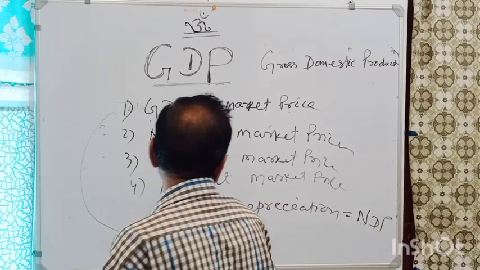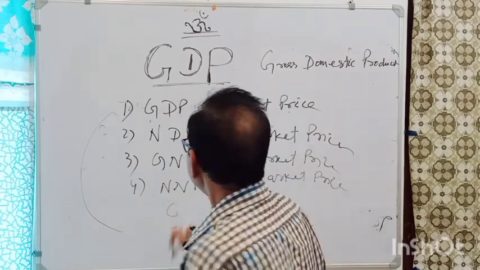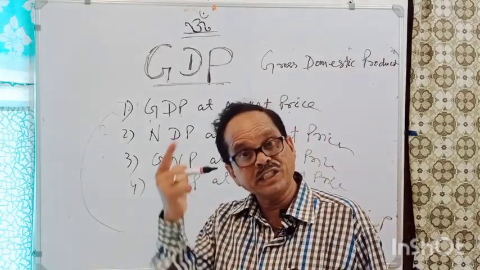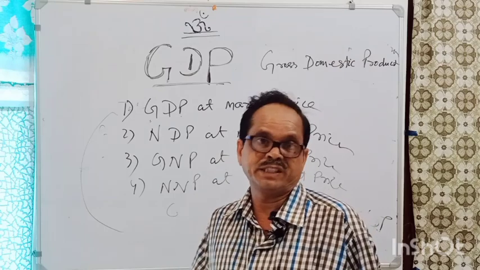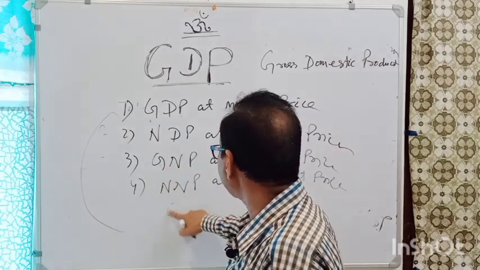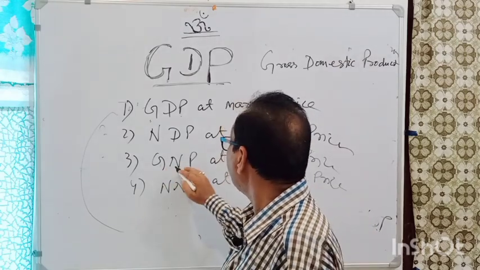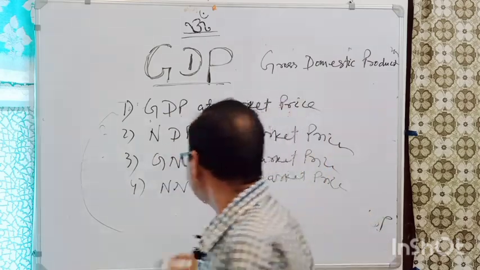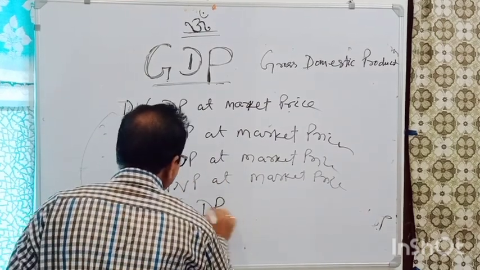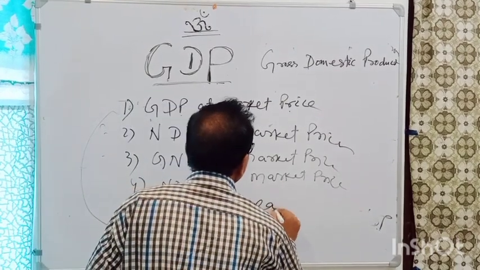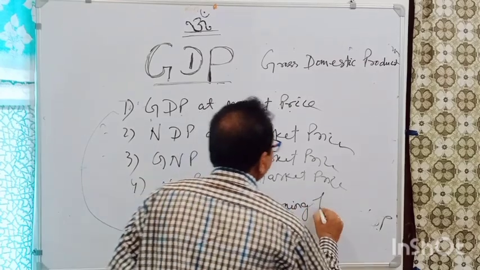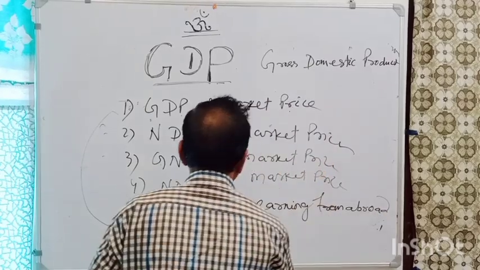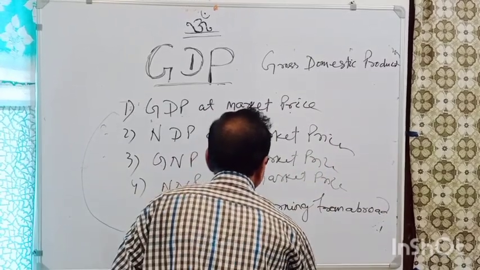Third one is GNP at market price. GNP means gross national product. Here the word national is a very important concept. When we calculate gross national product, we add the earning from abroad to GDP. GDP plus earning from abroad is equal to GNP.